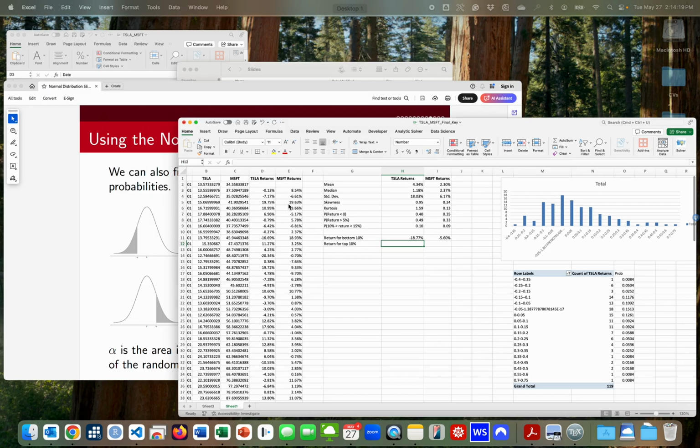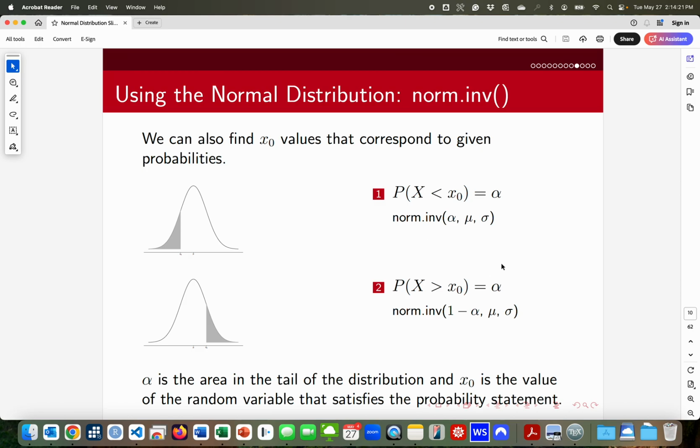Where you have to be careful here is when you enter probabilities in Excel, it assumes to the left. So if we want this shaded region to the right to be 0.1, the area to the left of that is 0.9, and that's what we actually have to enter in Excel. So notice this is 1 minus alpha, where alpha is the probability.